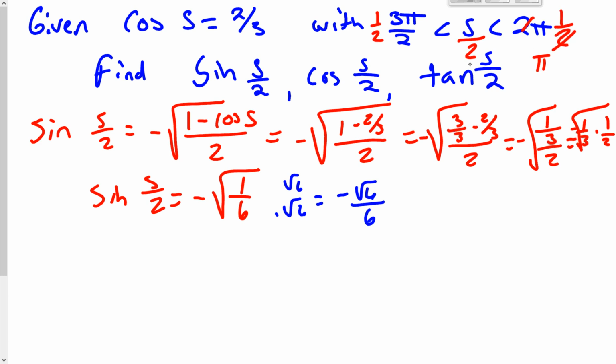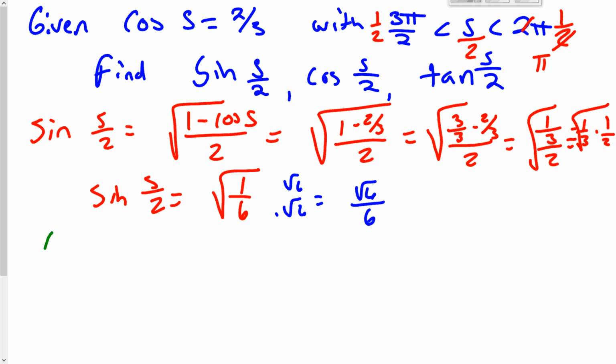Right, so actually s over 2 is between pi and 3 pi over 4. So that's actually in the second quadrant, and sine is actually positive there. So sine is actually going to be positive because we're looking for s over 2, right? That's our angle s over 2, not s. So that's how we find what quadrant s over 2, the half angle, is in.